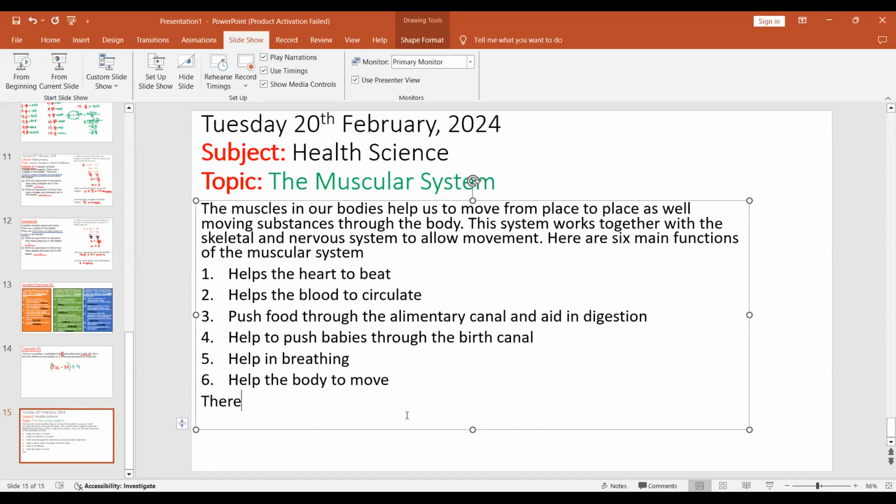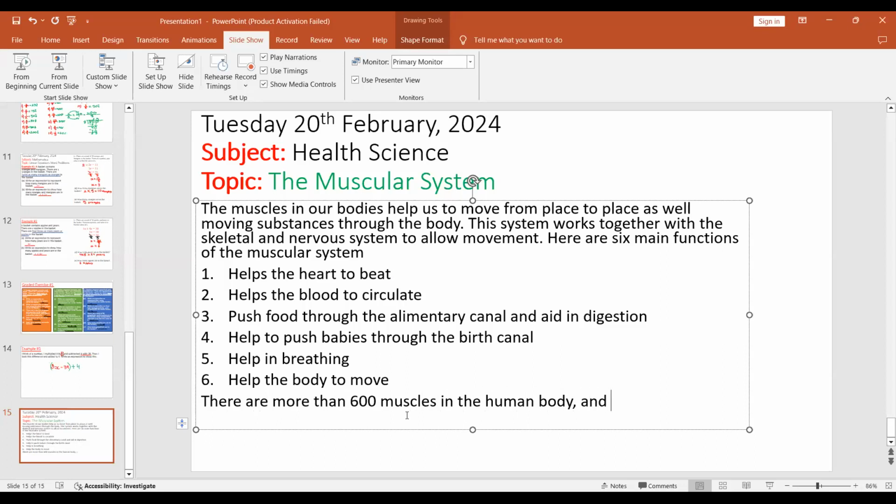So there are more than 600 muscles in the human body. And many of you said 600 as well. So there are more than 600 muscles in the human body. That's a lot of muscles, right? Way more than the bones.